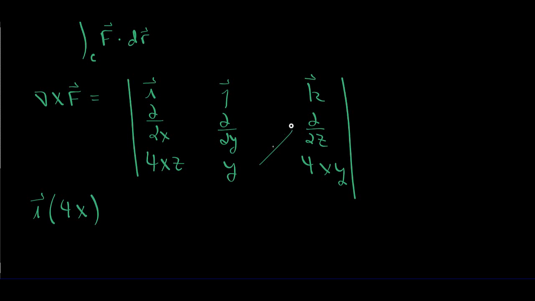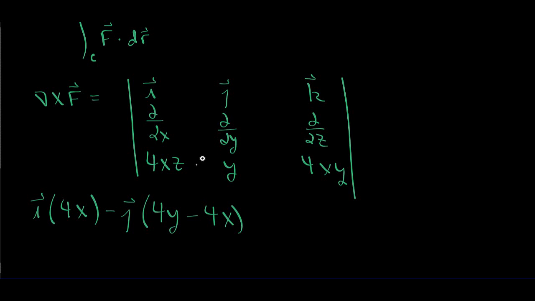So it looks like we have a 4x. Minus j. Now, we've got the partial with respect to x, so this is going to be 4y minus 4x, because we take the partial with respect to z of this thing.